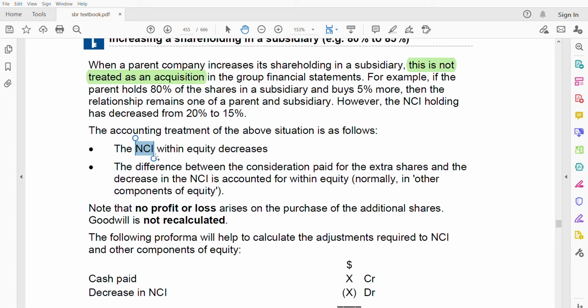So NCI within equity decreases. That decrease you have to find out, because a shareholding increase means NCI will decrease. The difference between the consideration paid for the extra shares and the decrease in NCI is accounted for within equity, normally in other components of equity.